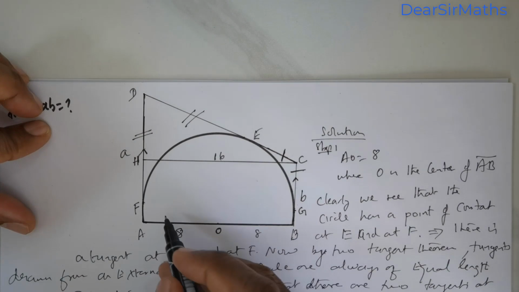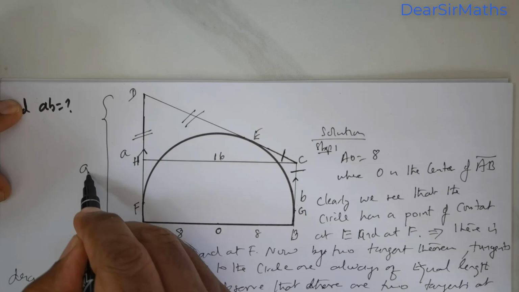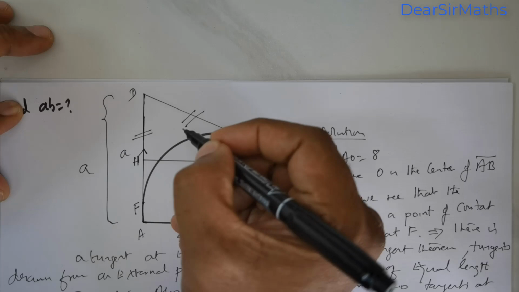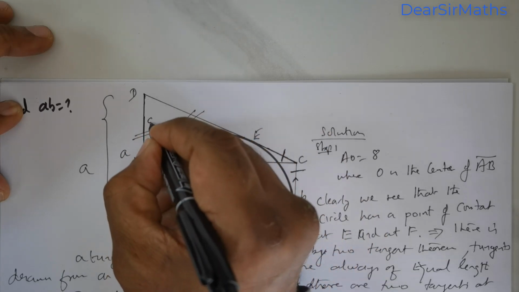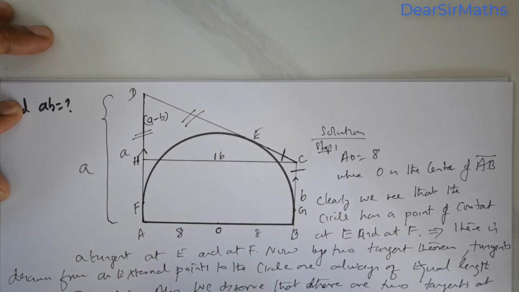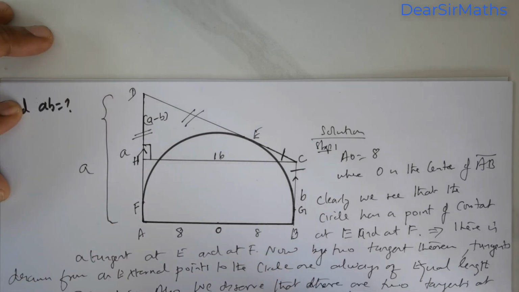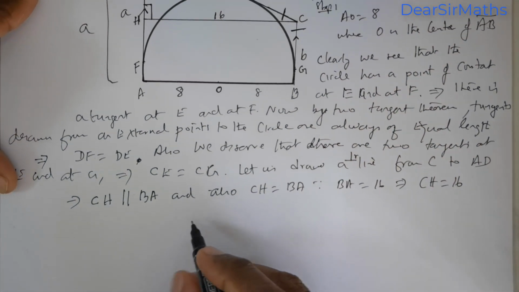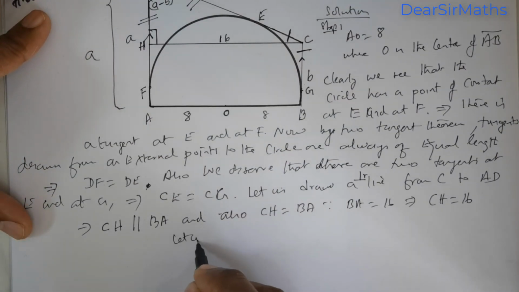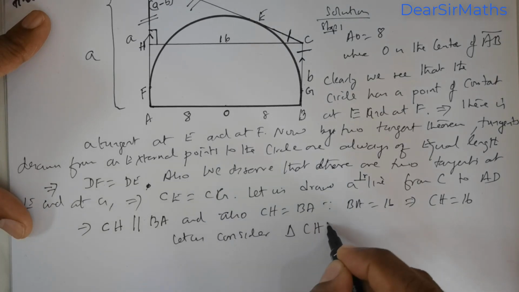Now I want to know what DH is. This entire length is A units and this is B units. From A, if I subtract B, this entire length is going to be A minus B. Now this is a perpendicular line, so this is 90 degrees. Let us consider triangle CHD.